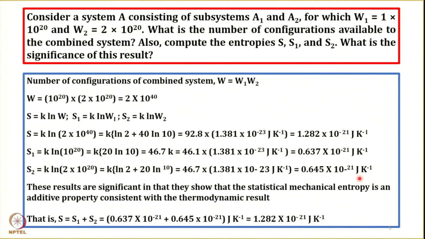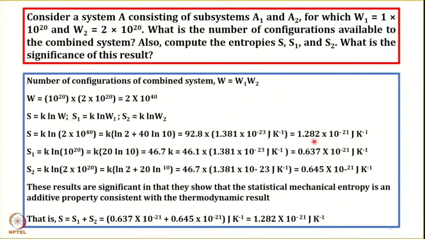What is interesting in this result? What is the significance of the result? For the combined system, the entropy is 1.282 into 10 raised to the power minus 21 joules per Kelvin. If you want to convert this into joules per Kelvin per mole, multiply by the Avogadro constant.